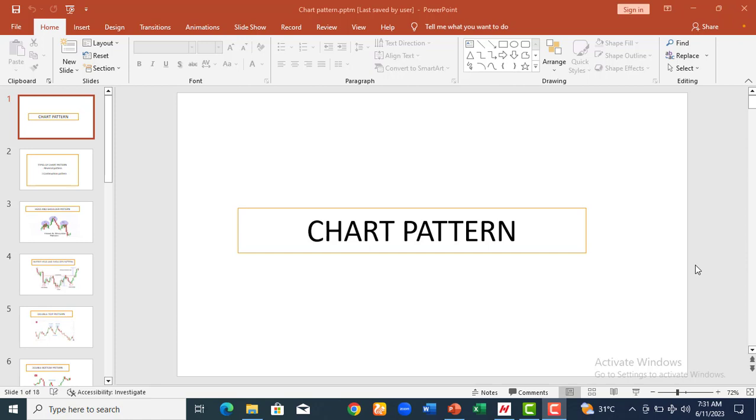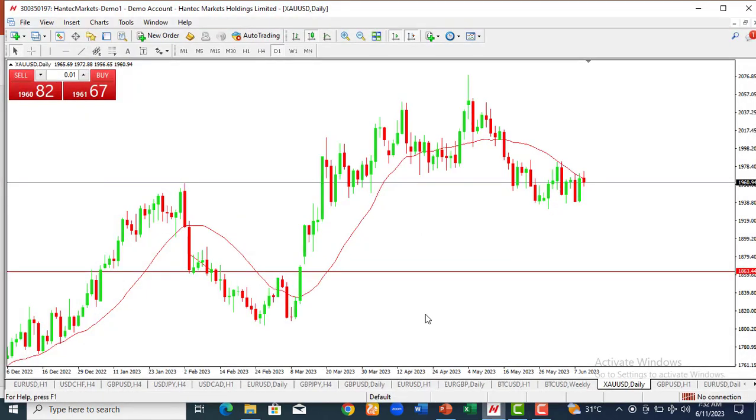Now, chart pattern is the chart formation in the forex market. All these candlesticks, each of these, are known as candlesticks. The coming together of these candlesticks forms what is called a chart formation in the market.